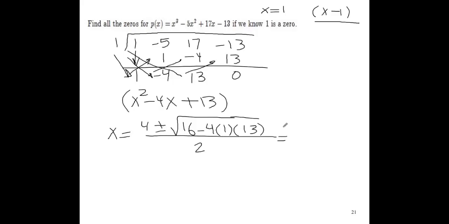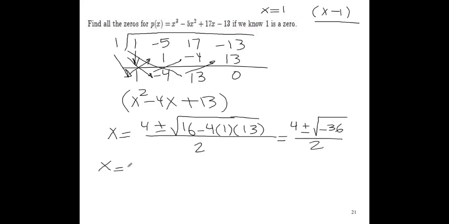So you would get 4 plus and minus, here you get 16 minus 4 times 13, that gives you negative, under the radical, negative 36, over 2.